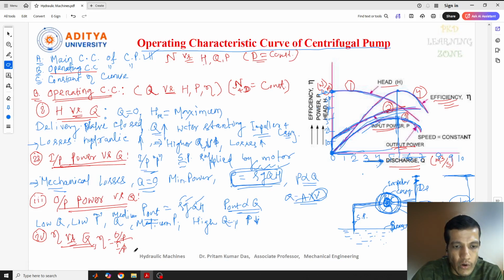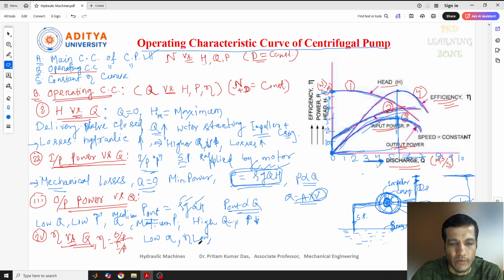At low discharge we have the same issues. When the fluid flows through the vane or the blade, we get only some efficiency, so low efficiency, because it is directly associated with the power.